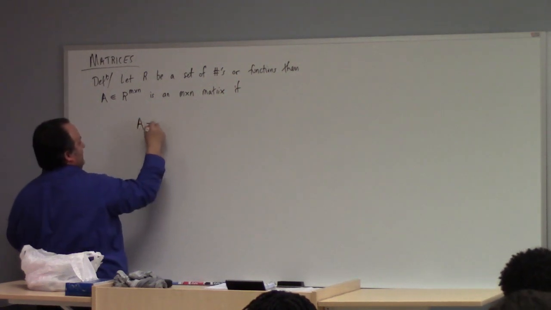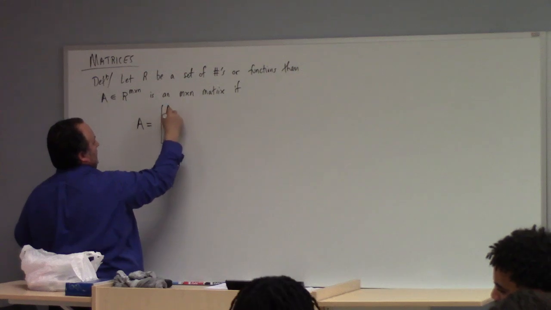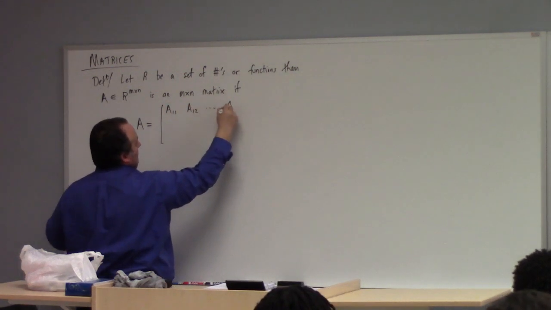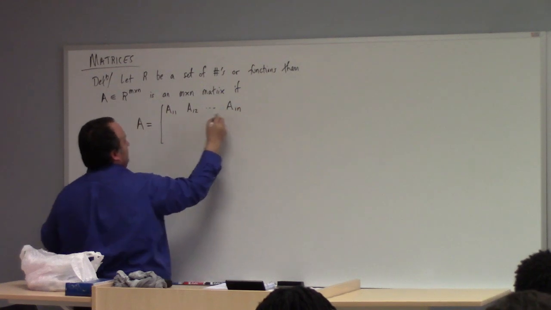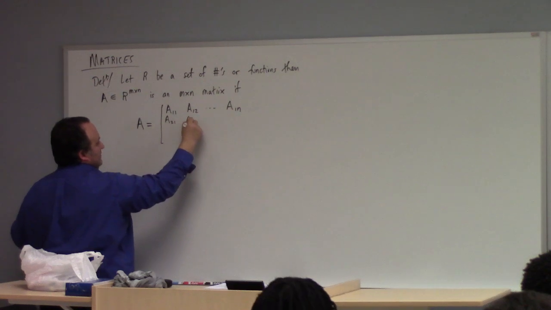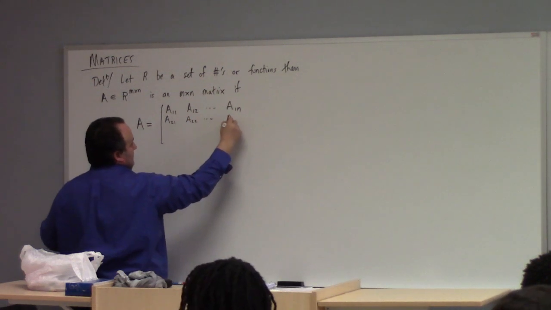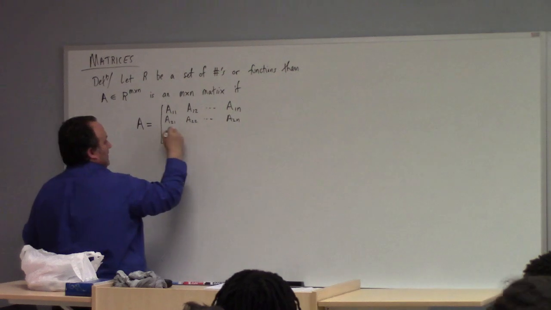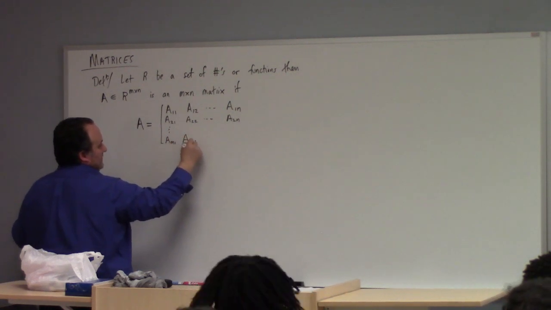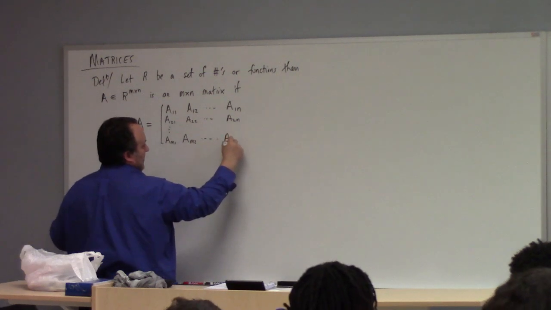A basically looks like this: A11, A12, A1n, and then you've got A21, A22, A2n, and so forth. We have Am1, Am2, Amn.